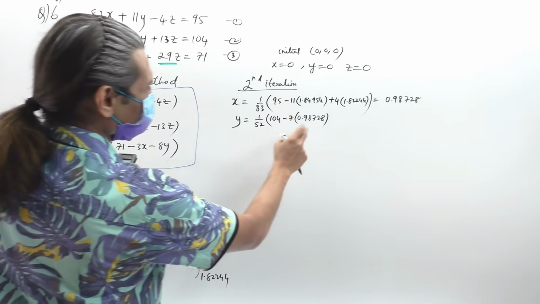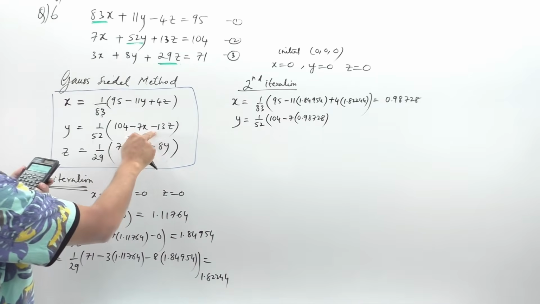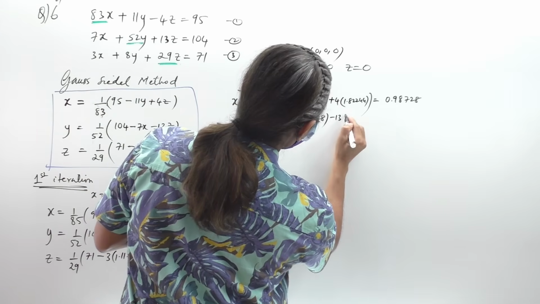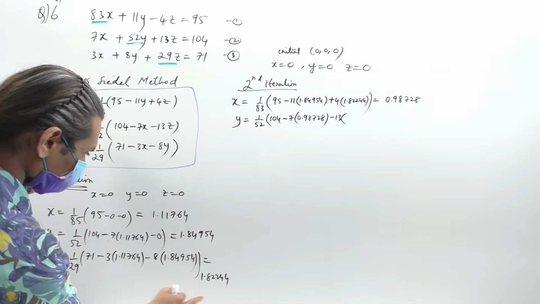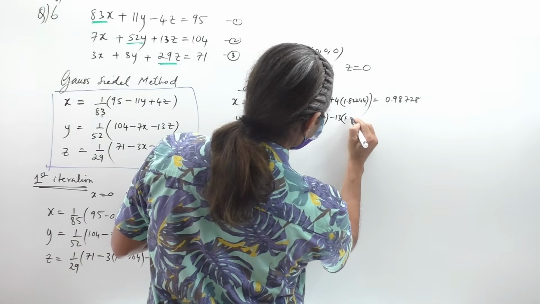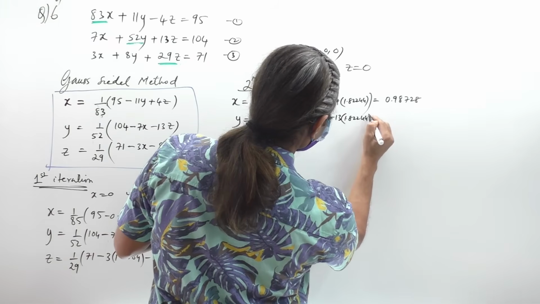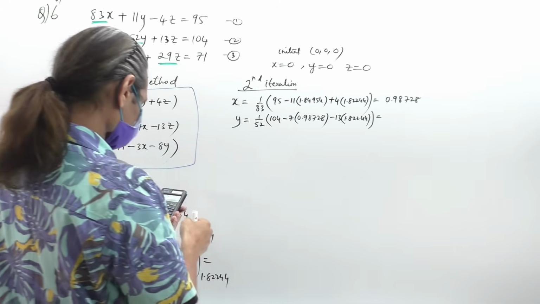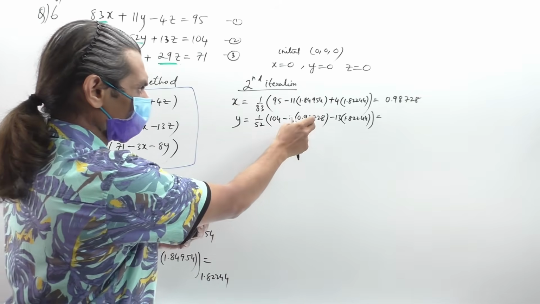Okay. So y is equal to minus 7 into x, and minus 13z. So minus 13 into, what is new z? 1.82244. So this is stored here in the answer.